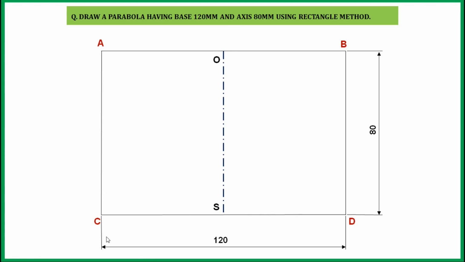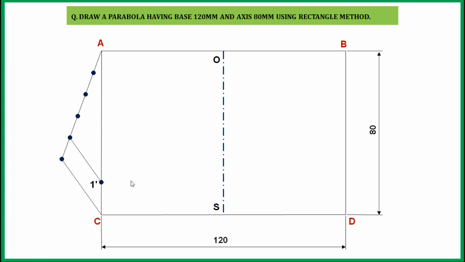Now divide this AC line into any number of equal parts. Here again I am following the similar procedure: draw one line inclined at any angle from point A. I am taking 5 points at equal distance over this line, and I am joining the end point of the line with the point C. After joining, I am drawing lines from these points parallel to this line, so that I divide the AC line into the same number of equal parts.